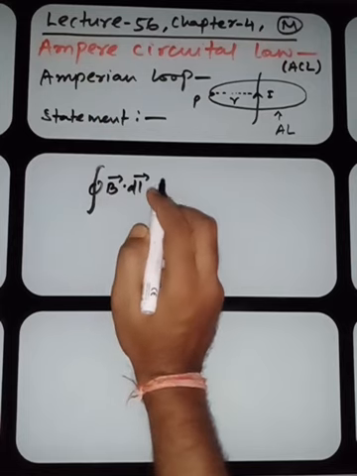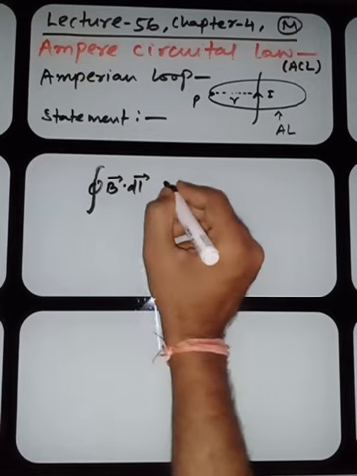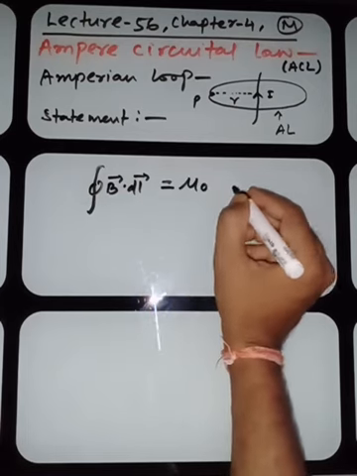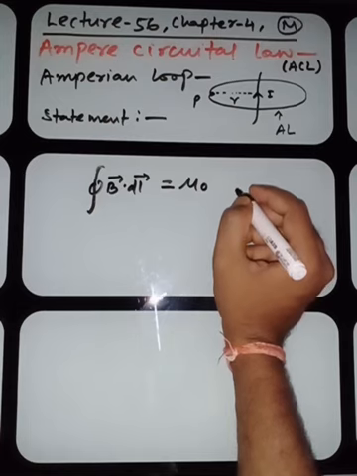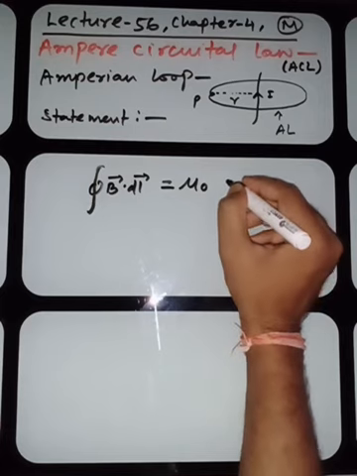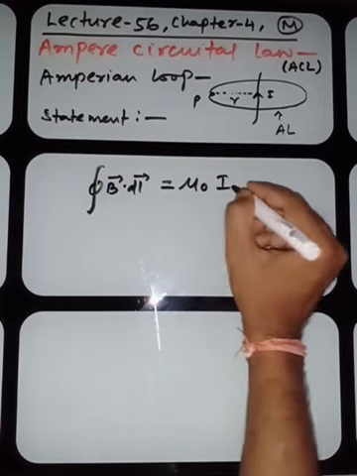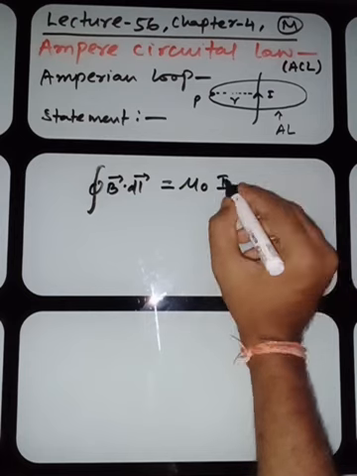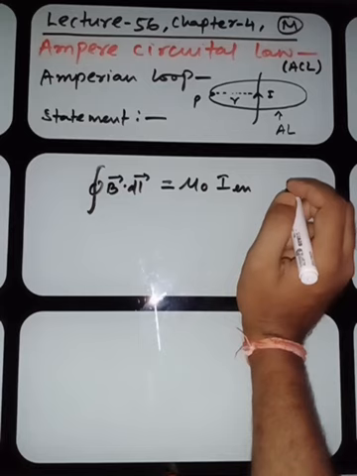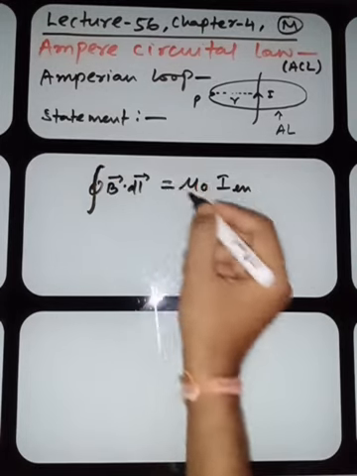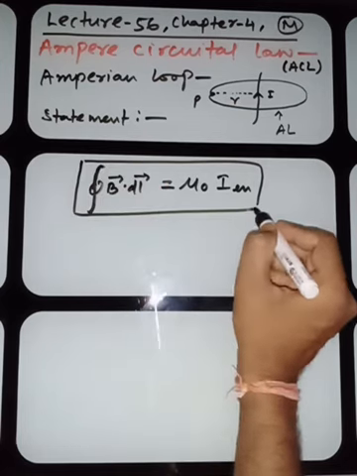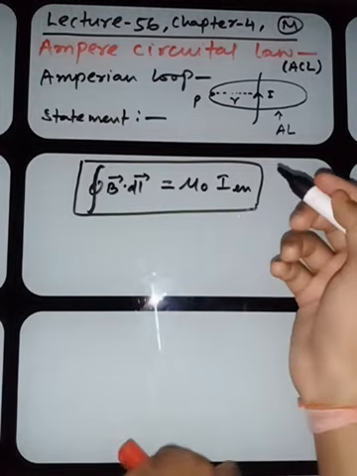The line integral of the magnetic field must equal mu naught times the enclosed current, the I enclosed, the current enclosed within the Amperian loop. This is the equation for Ampere Circuital Law that we will use.